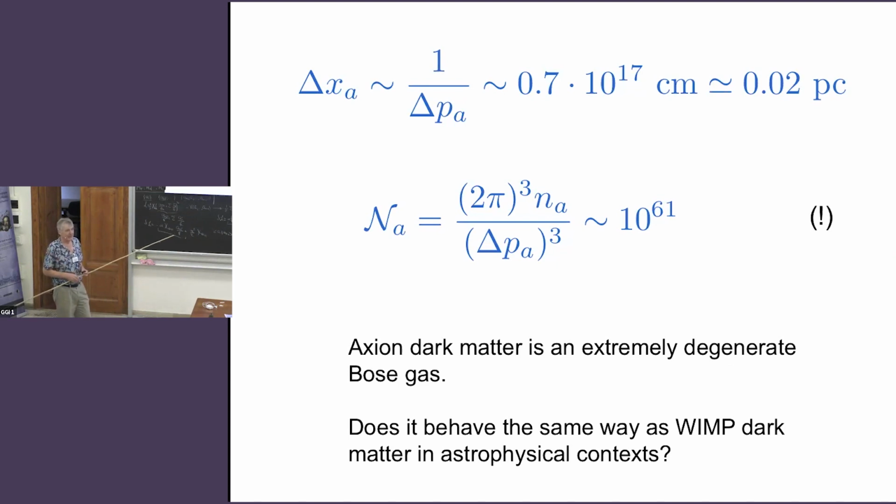And actually, the large popularity of axions has to do with people not finding WIMPs, I think, to a large extent. But my goal is to ask whether it is possible, since they're very different kinds of dark matter, to distinguish them on observational grounds.